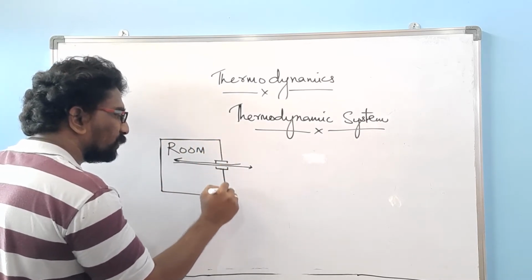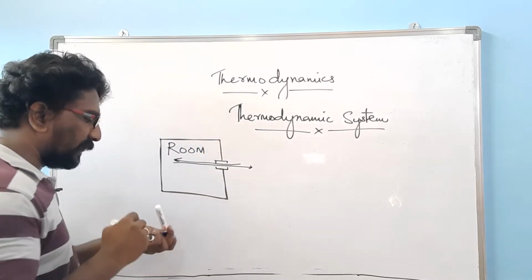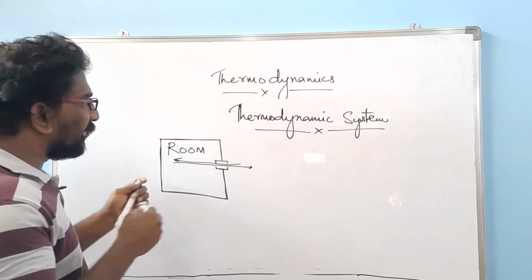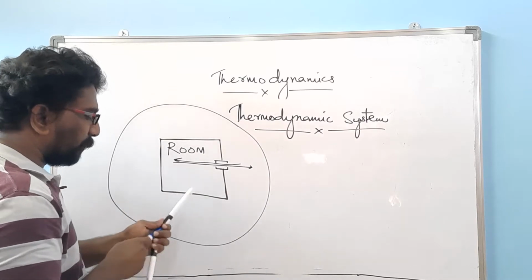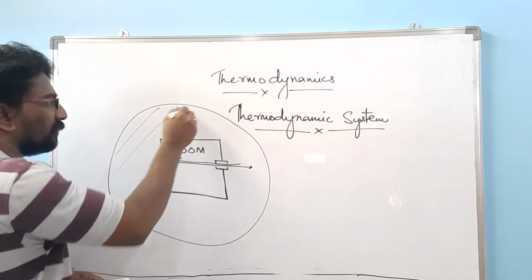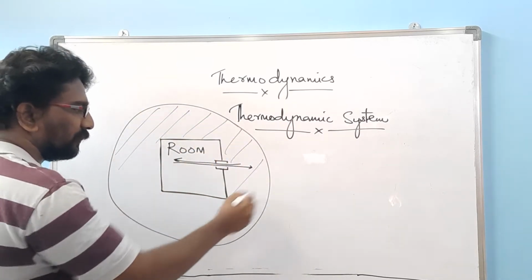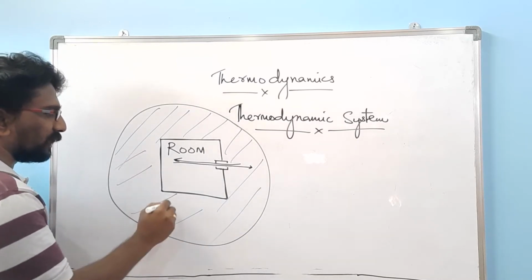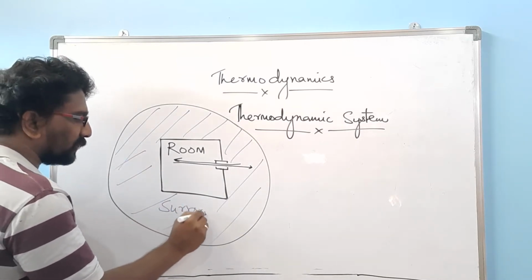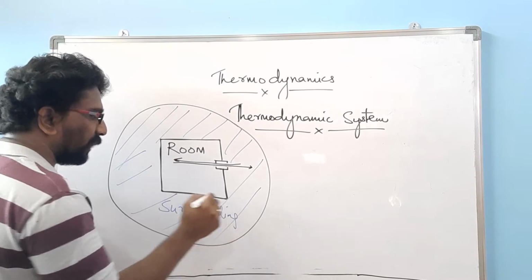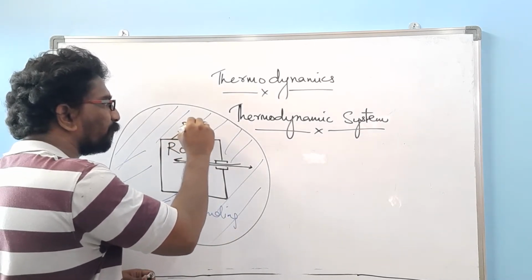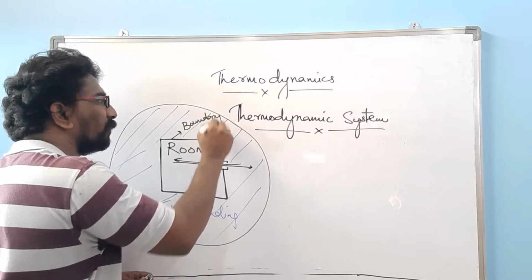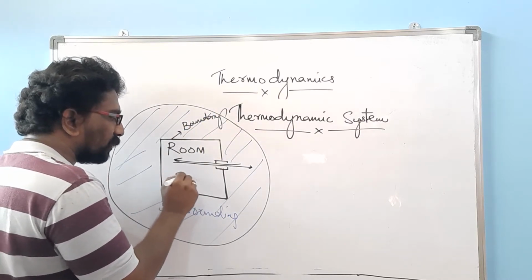This part we call the boundary, and the area surrounding it, which I can denote with a different color, I can call the surroundings. This is called the surrounding, this is the boundary of the system, and this is called the thermodynamic system.